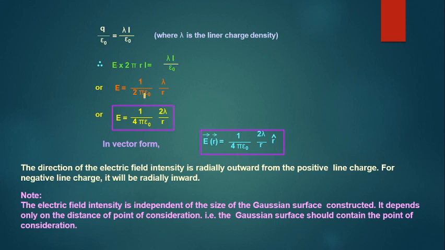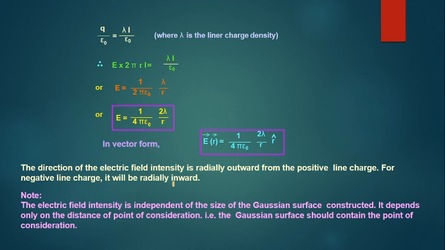So E is equal to 1 divided by 2 pi epsilon naught, lambda divided by r. Multiplying and dividing by 2, it becomes 1 divided by 4 pi epsilon naught, 2 lambda divided by r. This is the electric field intensity due to the long infinite wire at a point at distance r from the wire.